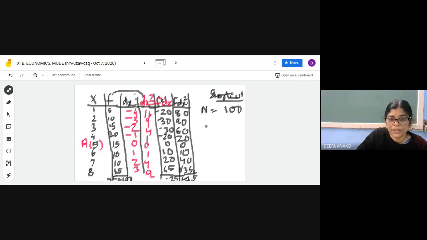Then sigma f dx is equal to minus 25. Then sigma f dx square is equal to 435.